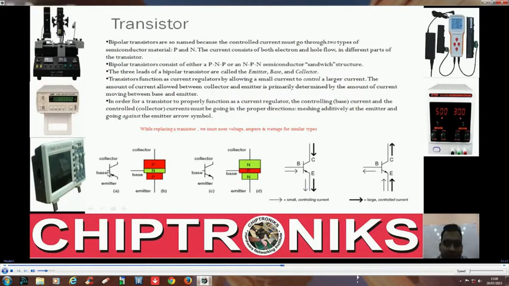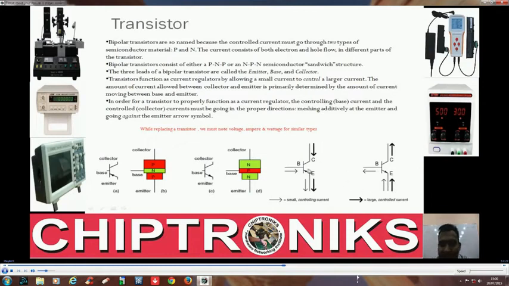If we control the current at the base, we control the current flowing from collector to emitter. A small controlling current and a large controlled current.